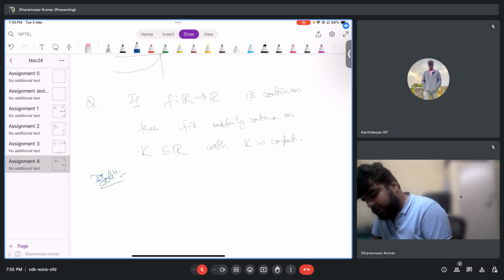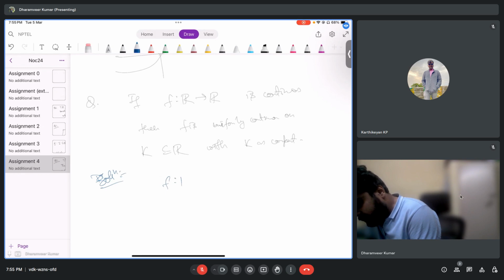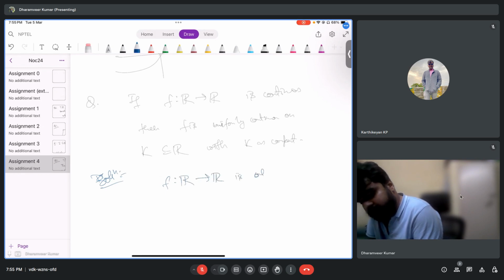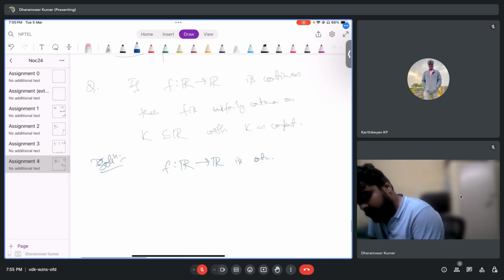So since f from R to R is continuous, let K in R be compact.